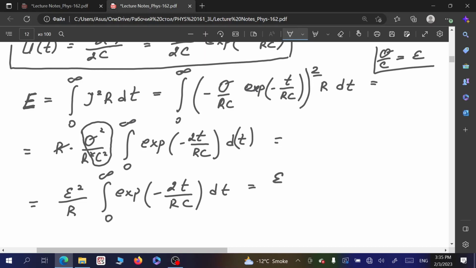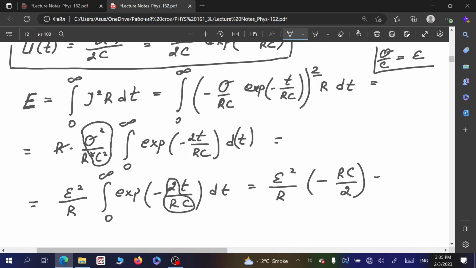That will be epsilon square over R, resistance, which is connected to our capacitor. Then we need to multiply it by minus RC over 2. So we do this because we have this coefficient in front of t here in the argument of exponent.